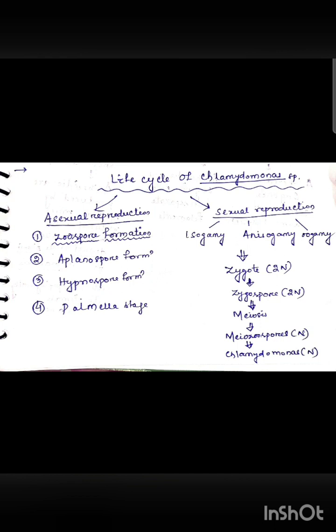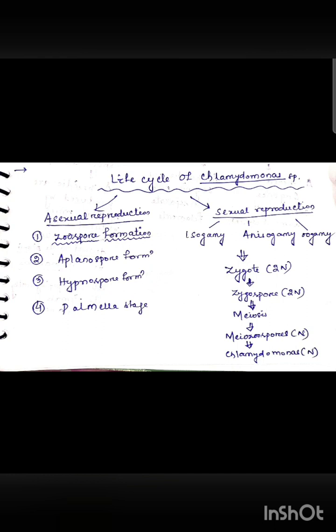But in the case of heterothallic species, the sexual fusion occurs between gametes from two different parent cells which belong to different mating types, from different strains, plus strain and minus strain. Remember this.